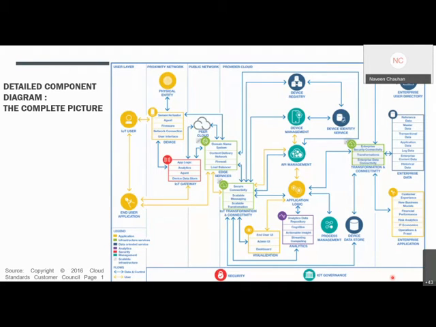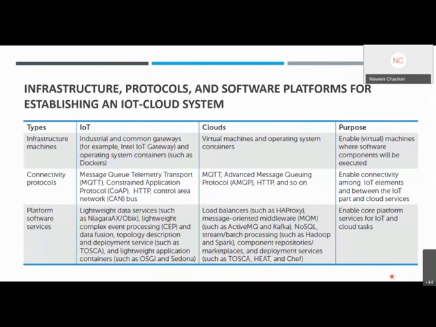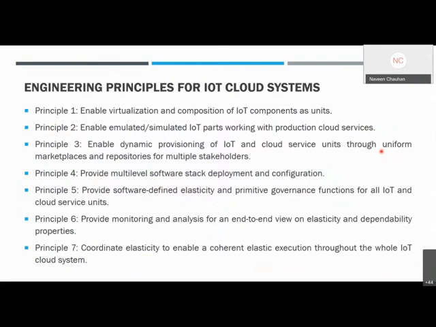So I hope you can give some emphasis to the detailed component diagram, or the complete picture of IoT cloud, which is just the integration of both the technologies, IoT and cloud. So next, moving on to the infrastructure, protocol and software platforms for establishing an IoT cloud. These are some of the types of IoT clouds and their purpose, which are there for enabling technologies.